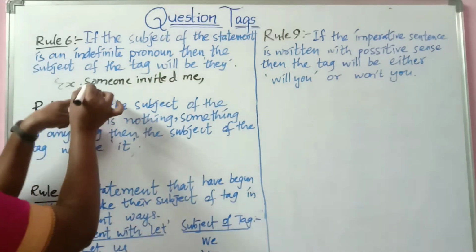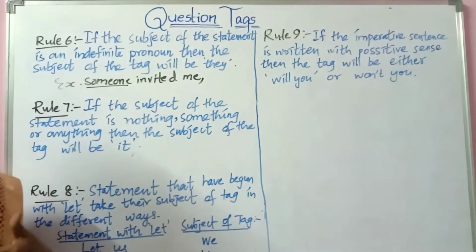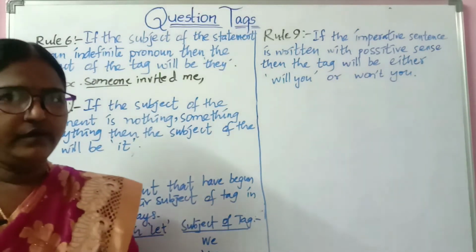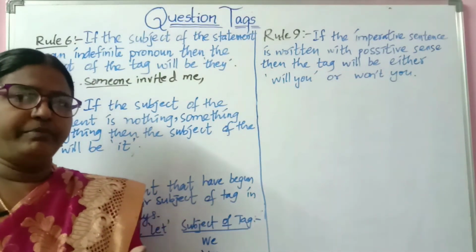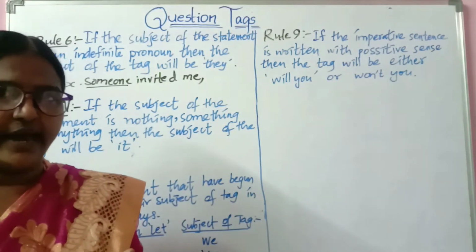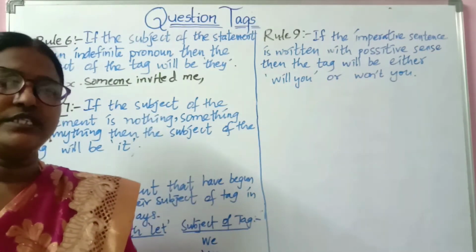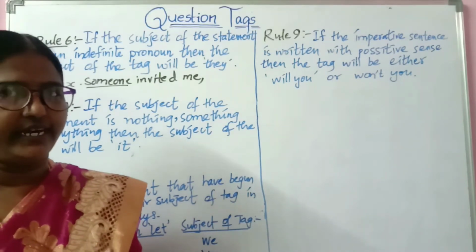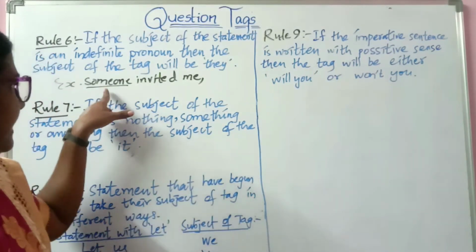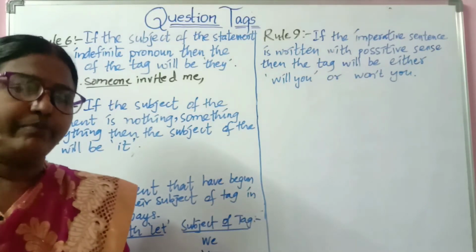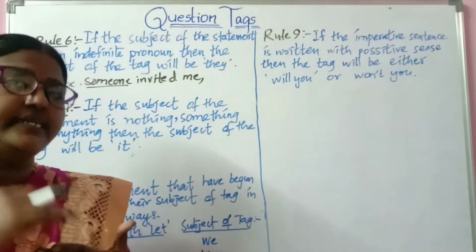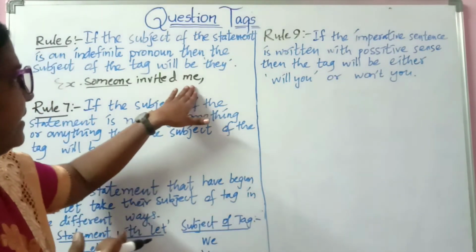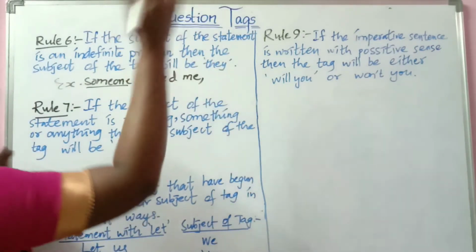Here, this someone is an indefinite pronoun. What are indefinite pronouns? Types of pronouns I have explained in the pronouns video. You can go through and watch it, and you will get all types of pronouns in that video. Here, someone is an indefinite pronoun. When we write a tag, it must be they.